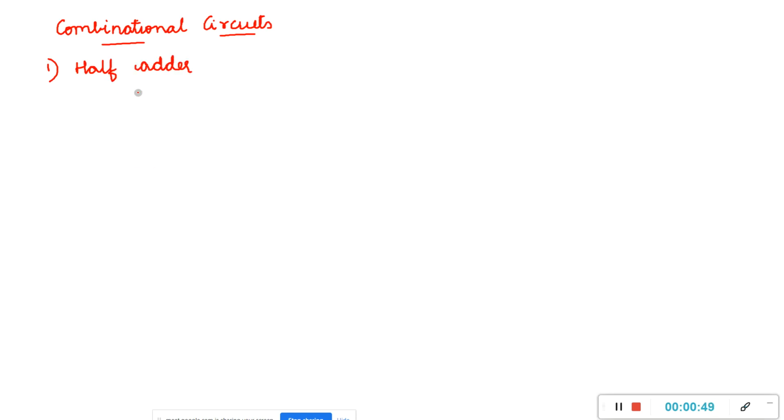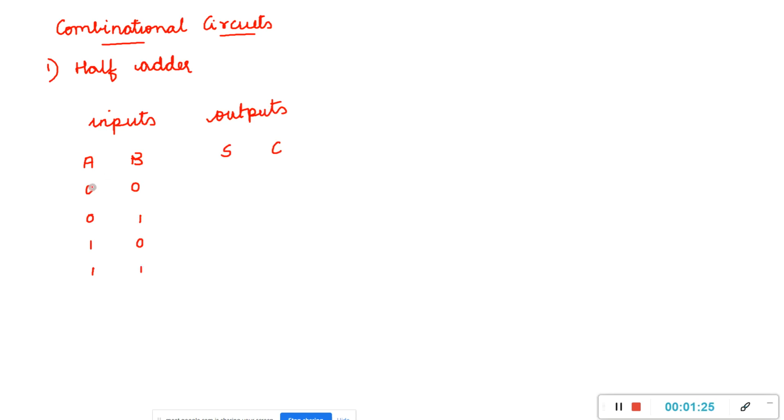Now let me tell you the functionality of this half adder. Half adder has two inputs, A and B, and outputs sum and carry. Here the combinations are 00, 01, 10, 11.